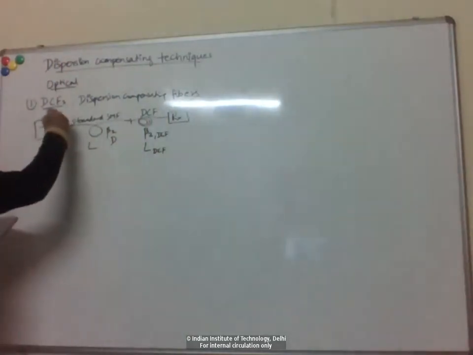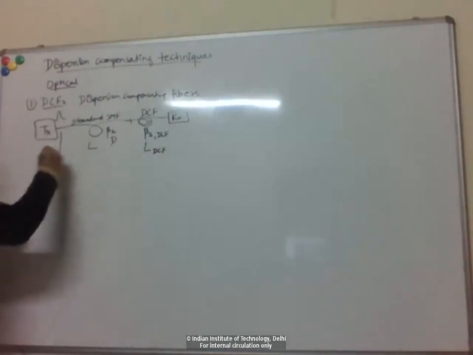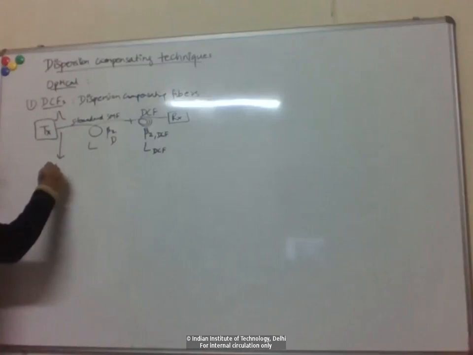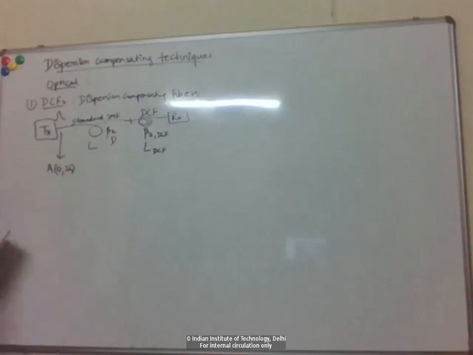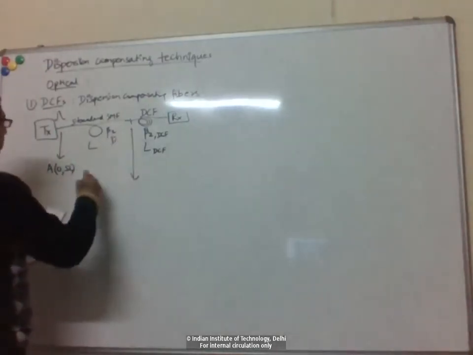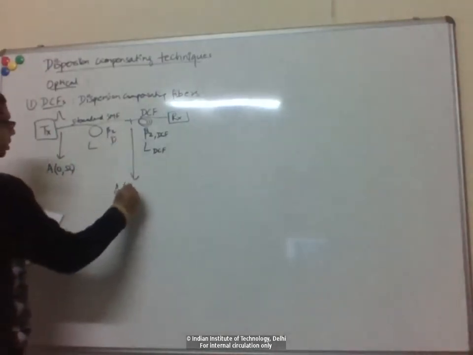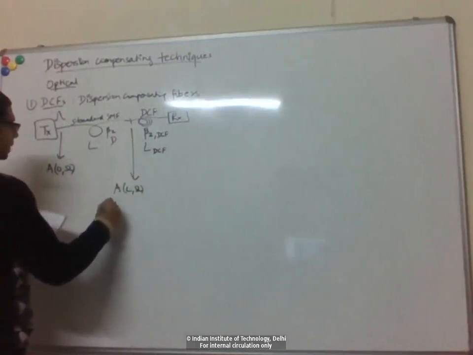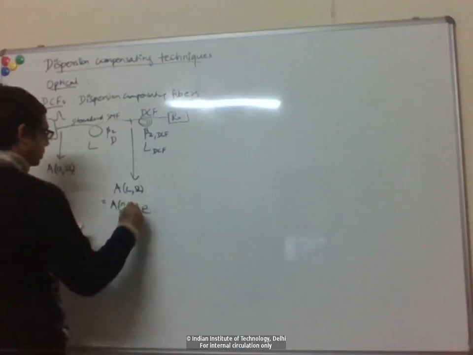Right. So as we discussed, the pulses sent out here will have some spectrum, right? And what dispersion does is that it just adds a frequency dependent phase shift, right?